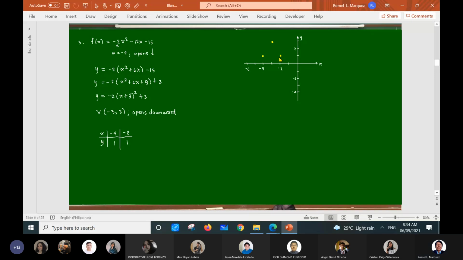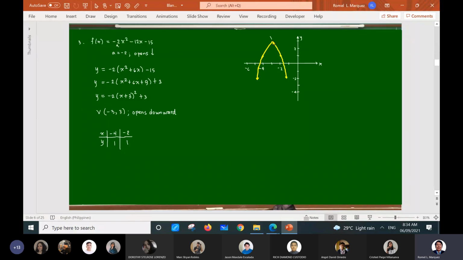Okay, children? Guys, so going down, just approximate the intersection along the x-axis. Just approximate. Okay, guys? So something like this. So this is the vertex.